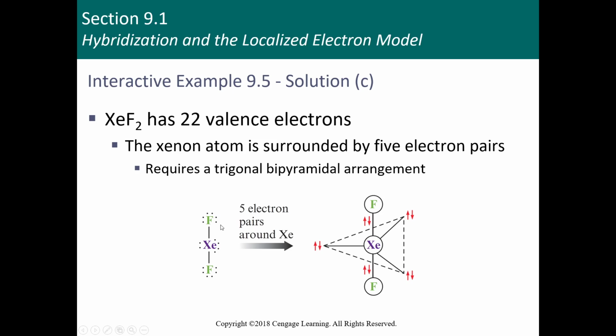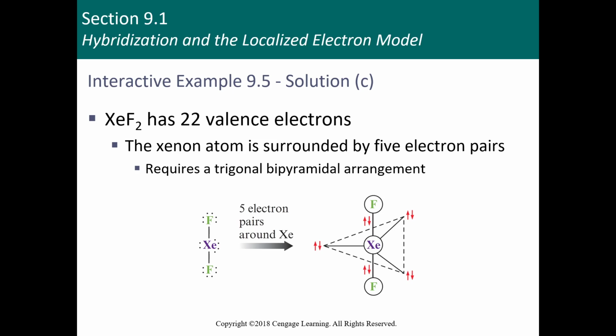Alright, so our 5 domains, that means we have to have 5 different orbitals pointing in different directions. And so our hybridization will have to have 5 orbitals going into it. That will be 1 s orbital. That will be then 3 p orbitals going into that. That would be 4. And then our 5th one would be a d orbital because there's no more others. So that 5th one is d.